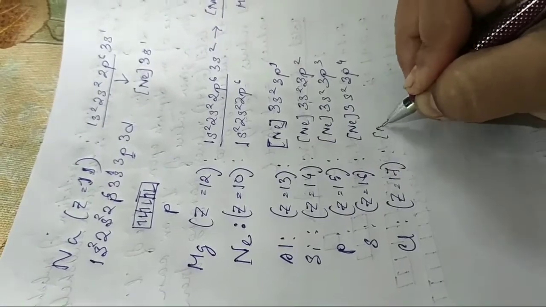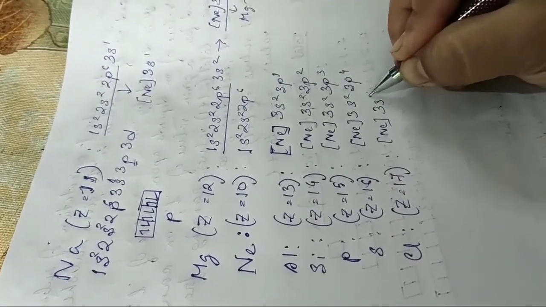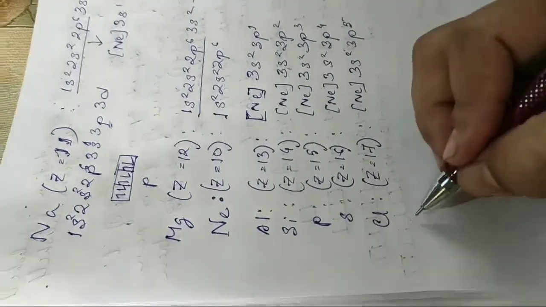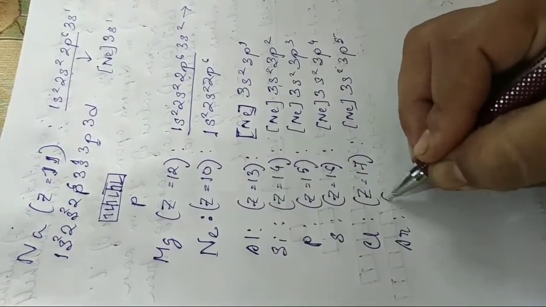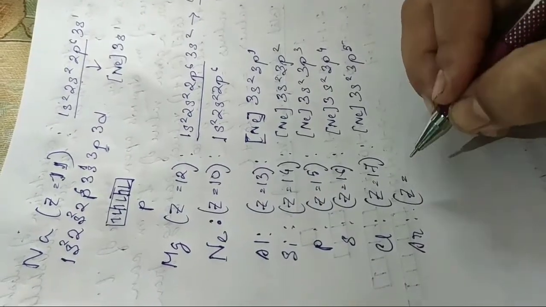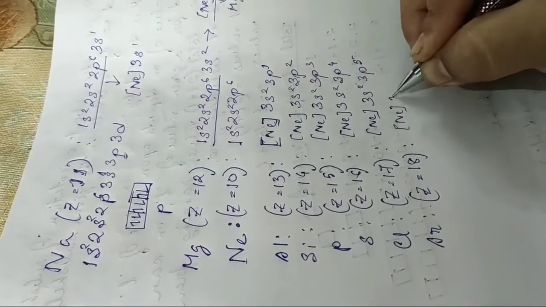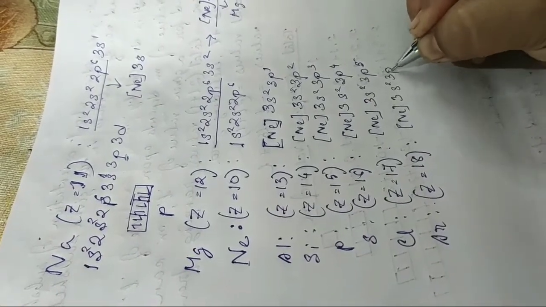Chlorine, it will be neon, 3s2, 3p5. Finally, the inert gas argon, neon, 3s2, 3p6.